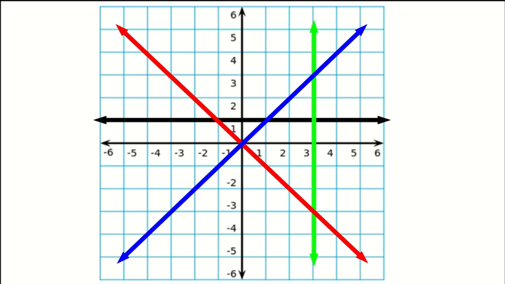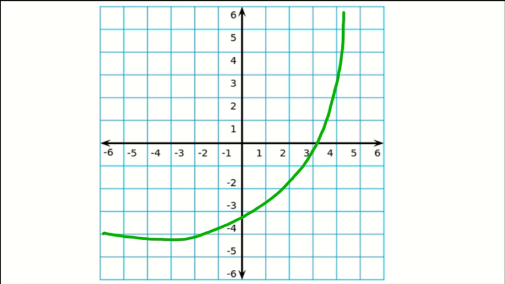So a horizontal line is linear. A vertical line is linear. The diagonal lines, either direction, those are linear if they are straight. Everybody clear on that? This line is nonlinear. It's got a curve. If the line curves, it's nonlinear. All right?